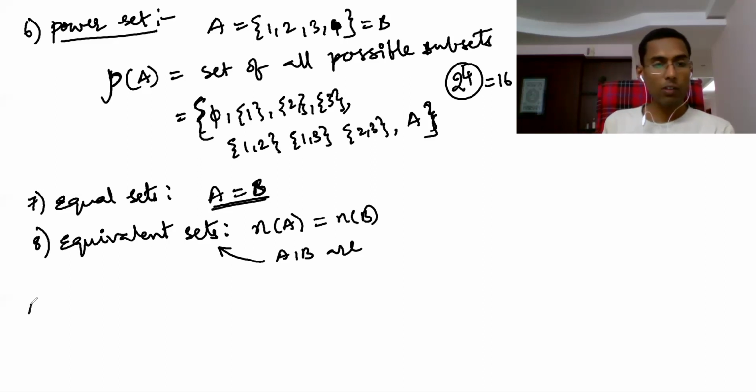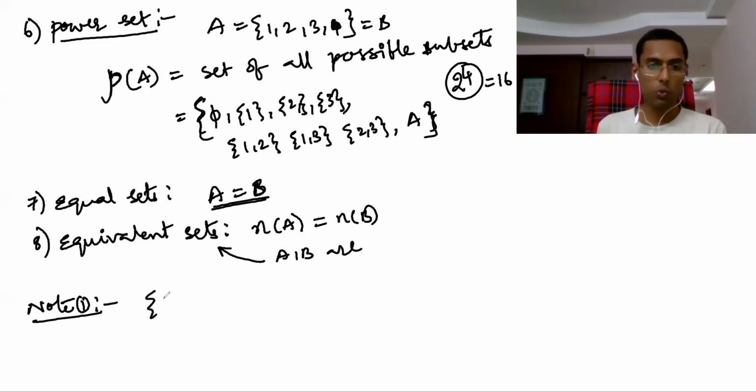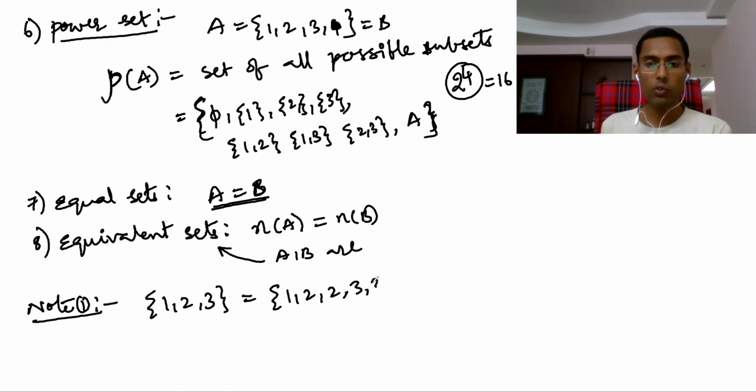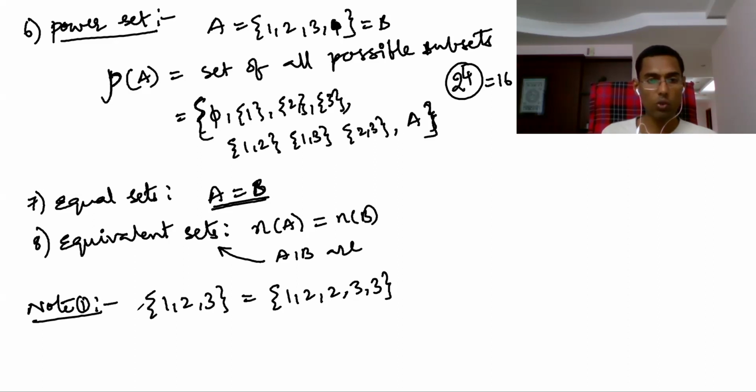Whenever we say set, we need to understand two things. In a set, an element need not be repeated. If {1, 2, 3} is there, even if you write {1, 2, 2, 3, 3}, this is the same. These two are equal sets, because the elements 1, 2, 3 are in both. Even if you repeat, we take only one time. That is one condition for a set.